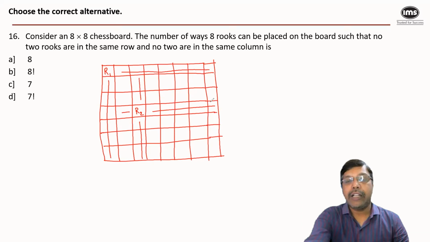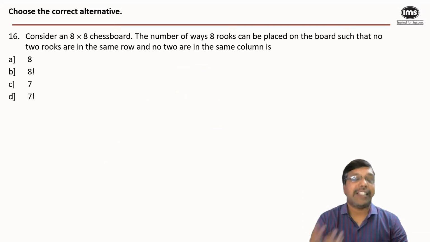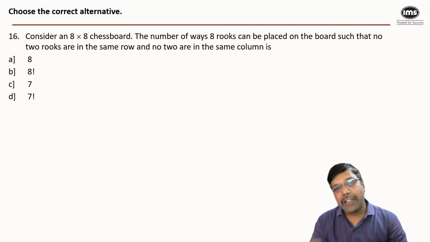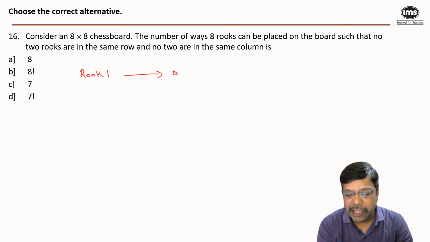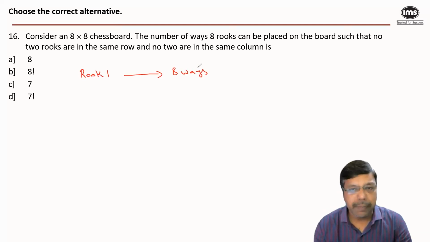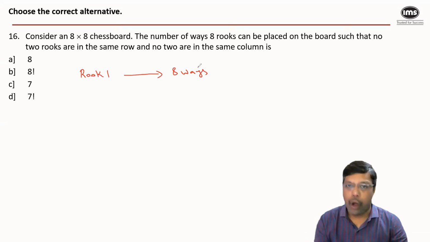So this is what the logic is, or the condition is. Now, how do we arrange these rooks? First thing first, the first rook, rook 1, can be arranged in 8 ways in any of the 8 positions in a particular row or column.